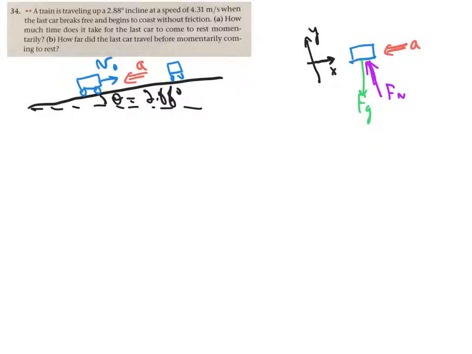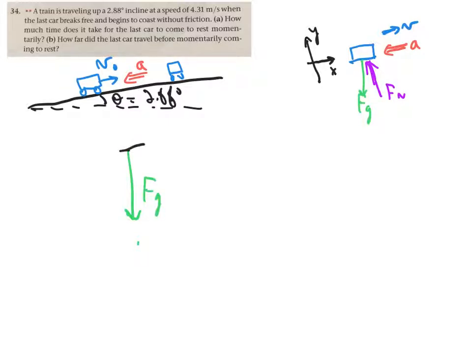For instance, in this case, we have an acceleration which is along the incline, we have a velocity which is along the incline, and we have a normal force which is perpendicular to the incline, and therefore none of those need to be broken into components. Sadly, we do have the gravitational force, and it does not point along my incline.